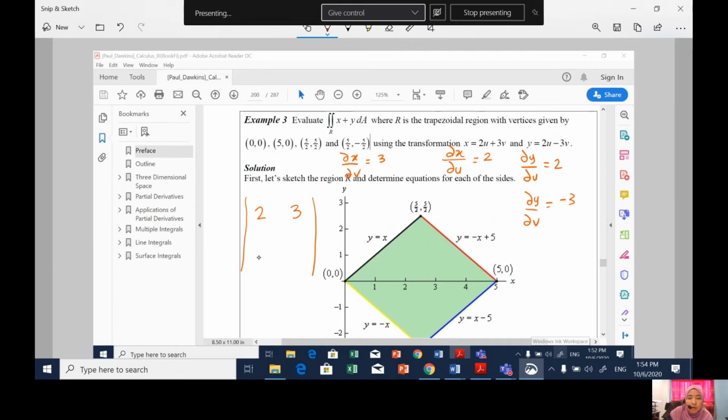And then we have here 2, and we have negative 3. Okay, so find the product of the diagonals. So we have negative 6 minus 6. So we have negative 12.